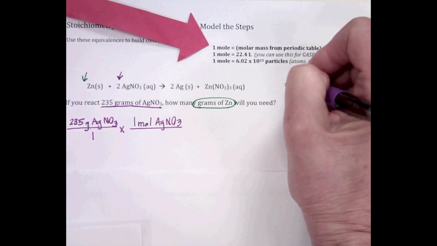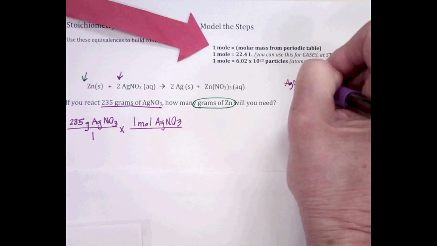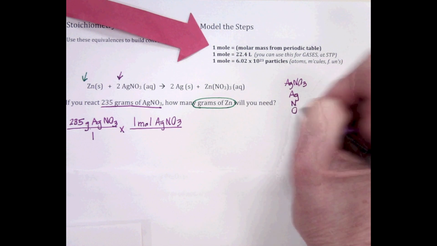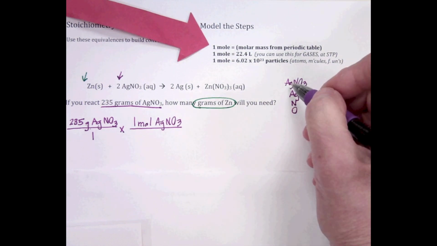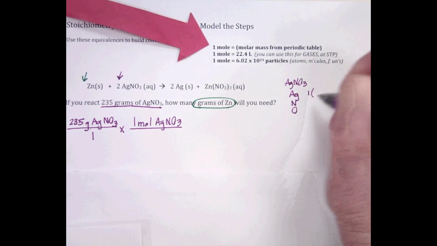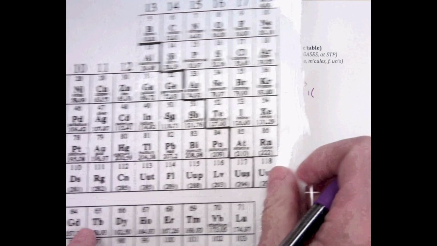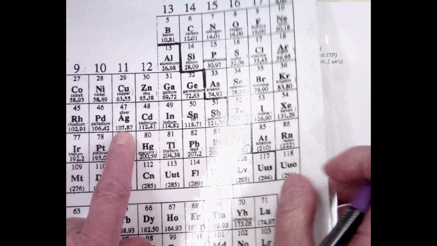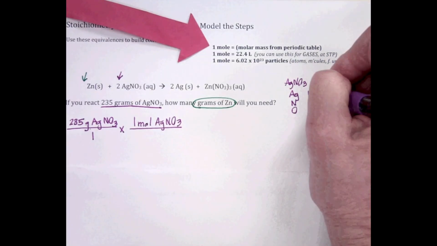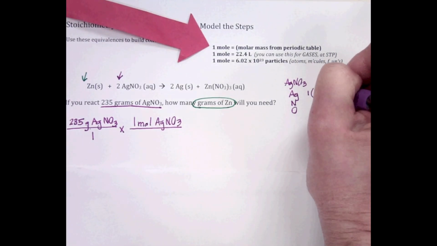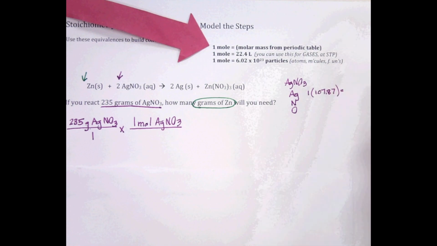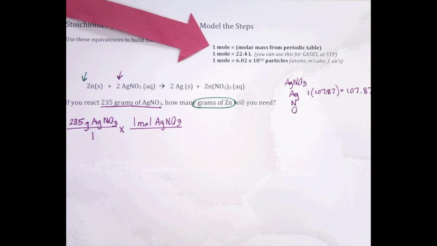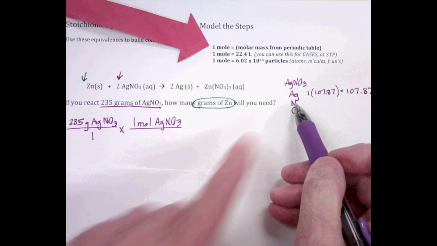Silver nitrate has silver, nitrogen, and oxygen. In this formula, there is 1 silver. Silver has an atomic weight of 107.87, so one of those weighs 107.87. Now I have nitrogen.